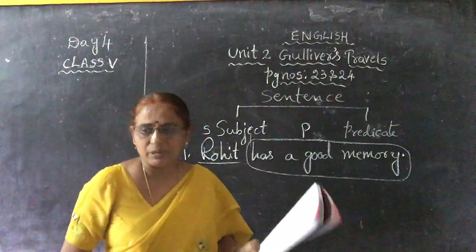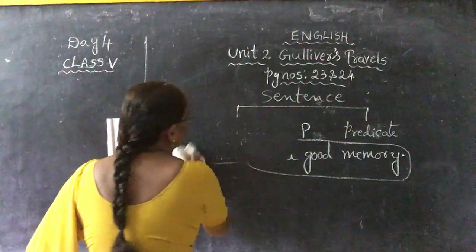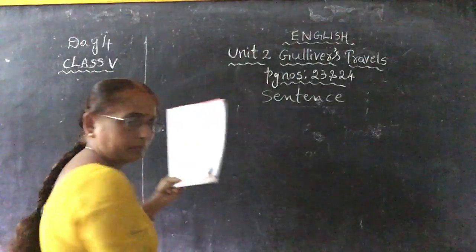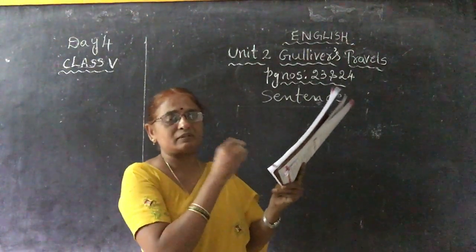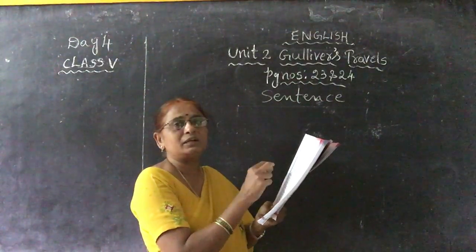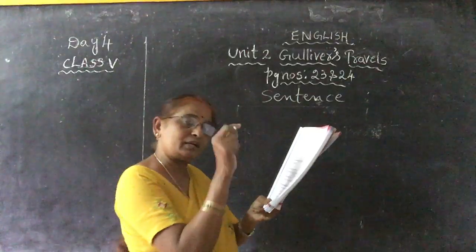Do you see the examples? Generally the subject is the first part and the predicate the second part, but the subject is not always put like that. Sometimes the subject is put after the predicate also.